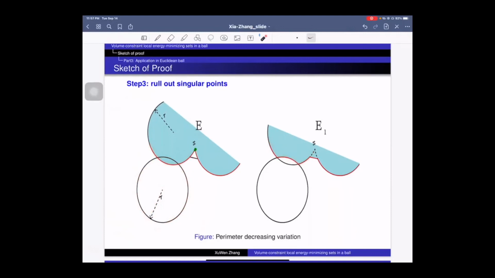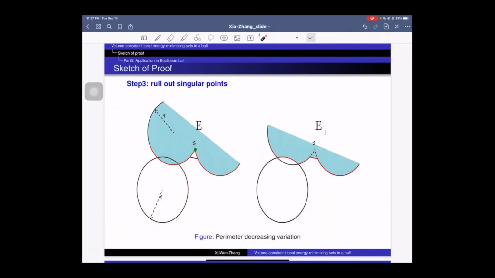But near the singularity, the original perimeter must be bigger than the new perimeter, because when this is a plane, we can see this by the triangle inequality. So this means that we have some volume preserving perturbation that decreases the perimeter strictly.